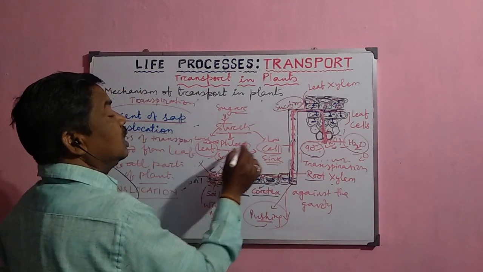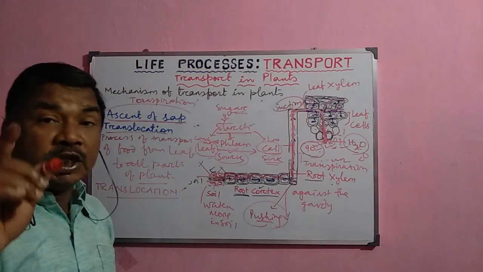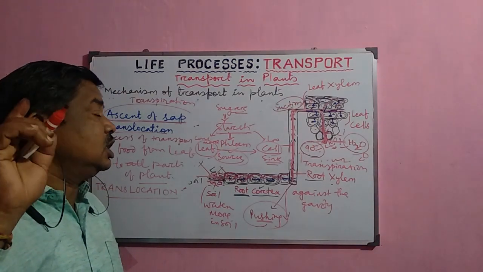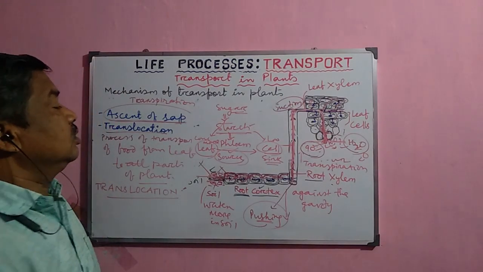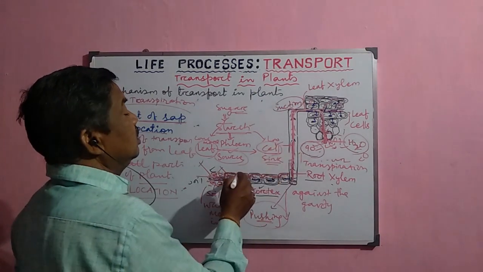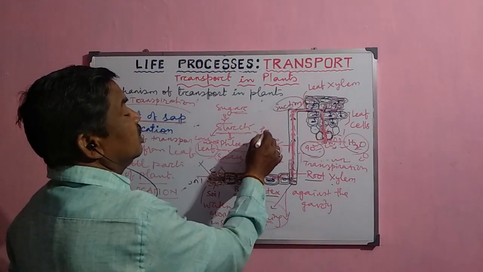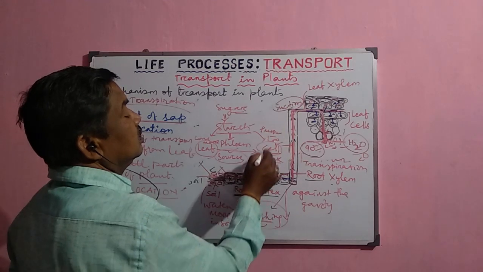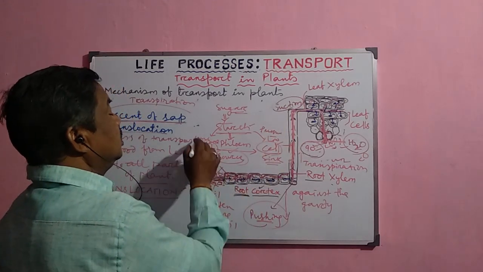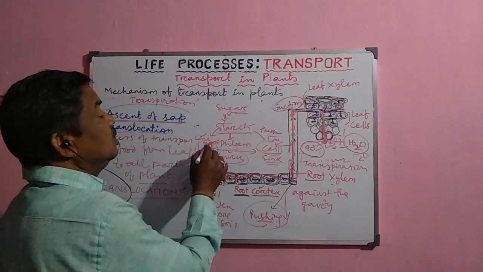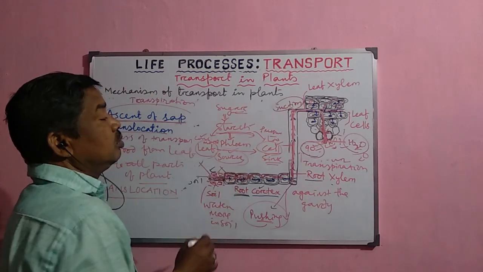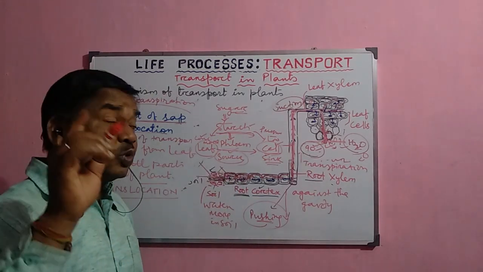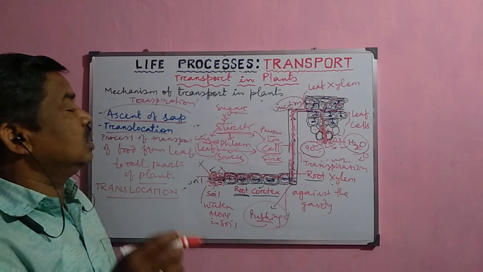Where the carbohydrate material is utilized, there is the sink and energy is released there. So the concentration is low here, and automatically the pressure of starch is less here and more there. So that is why automatically they move from the leaf to all parts of the plant.